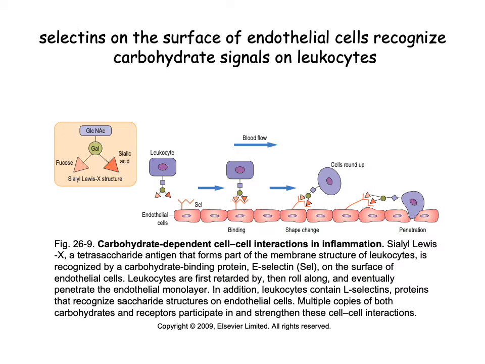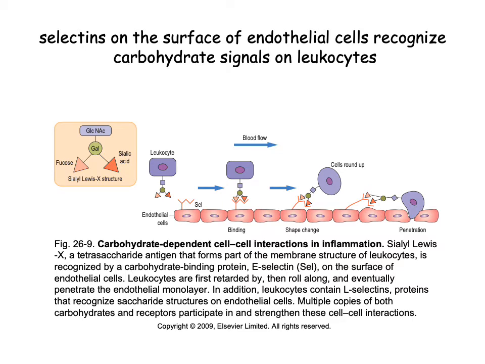So the carbohydrates on the leukocyte surface bind to the lectins, and that initially slows their movement through the vessel. Then it causes them to round up and eventually to penetrate between the endothelial cells into the surrounding tissues.